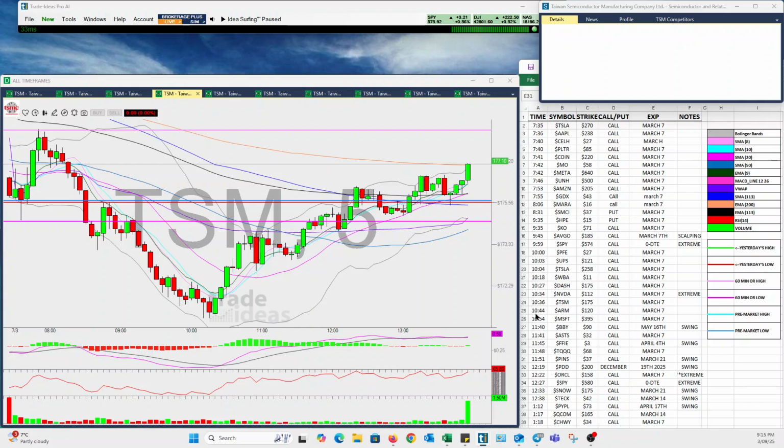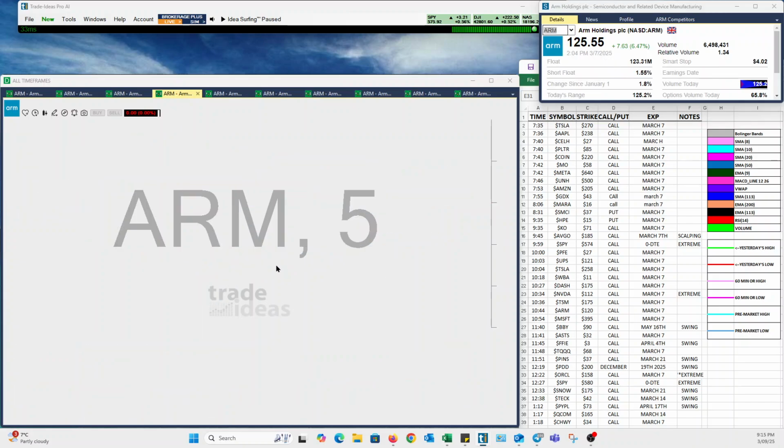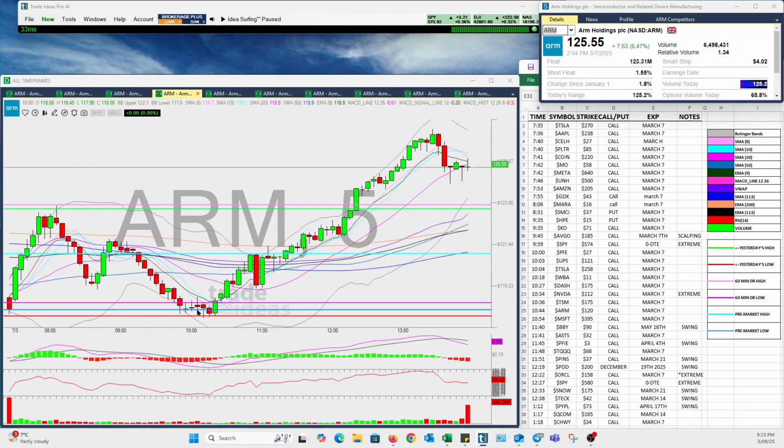ARM was called out at 10.44. Oh, this looks beautiful. So this would have been called out there. Sorry, that's my dog coughing. If you had looked at this chart, ideally you would have waited for it to cross VWAP, which is this purple line here.